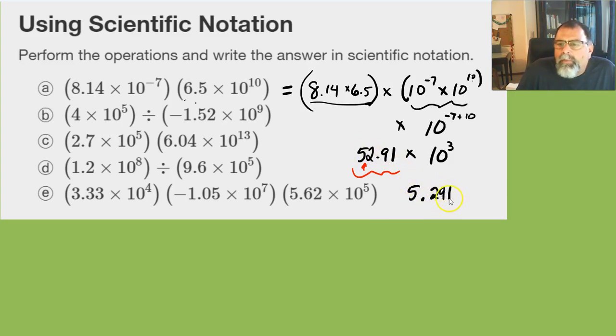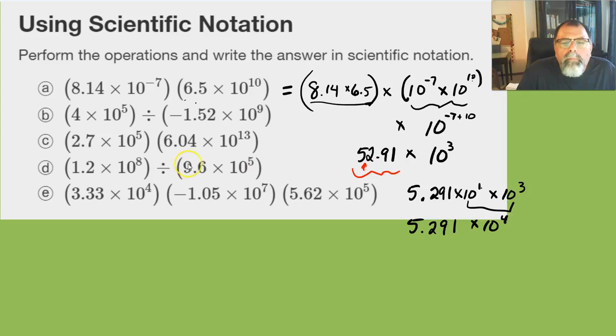And remember, for this number to become that number, it has to get bigger. So I'm multiplying that by 10 to the 1 power. And then I have the 10 to the 3. Now I'm going to use exponent rules here. It's 5.291 times 10 to the 4.